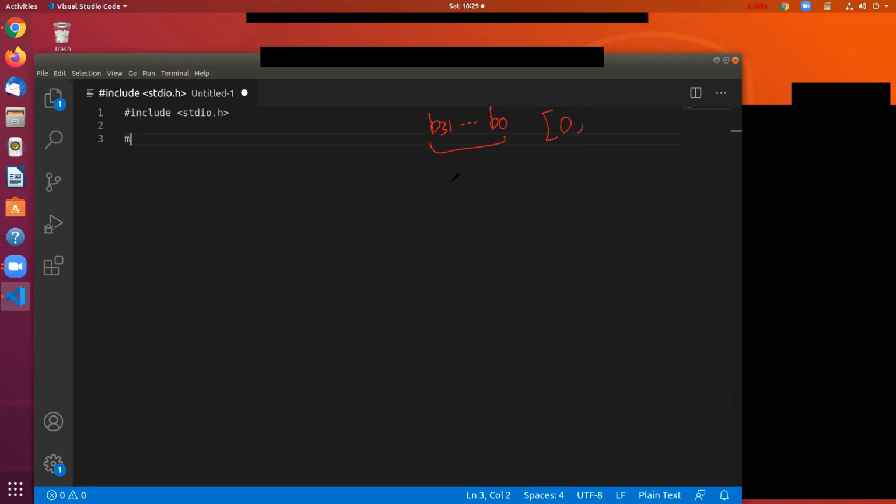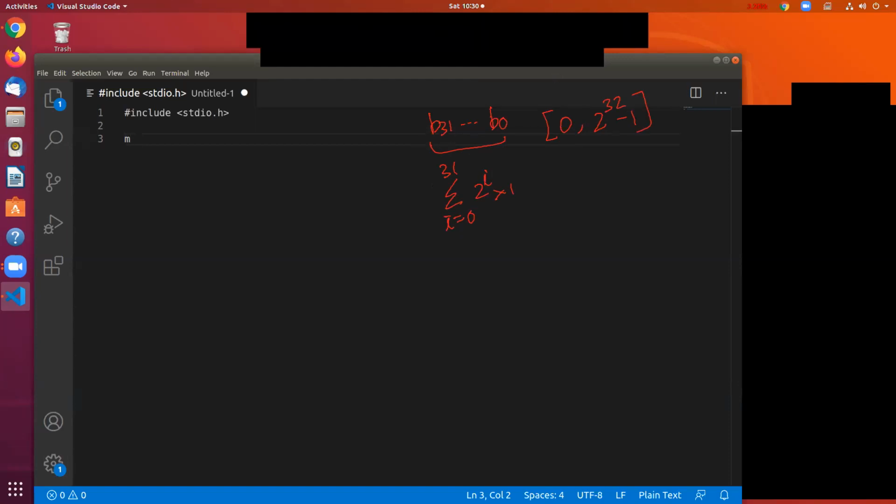When all the bits are equal to 1, the sum over i from 0 to 31 of 2 power i times 1. This is 2 power 32 minus 1. Okay, great. So this is the maximum value you can store.